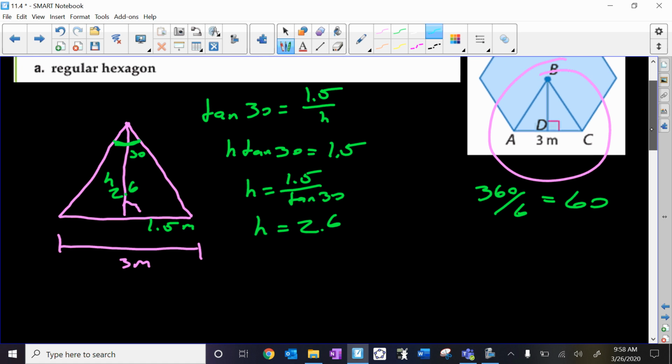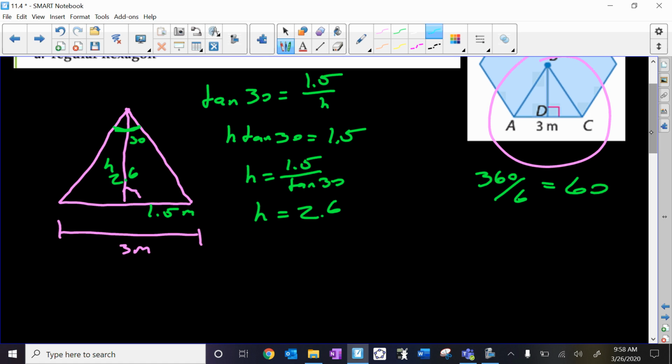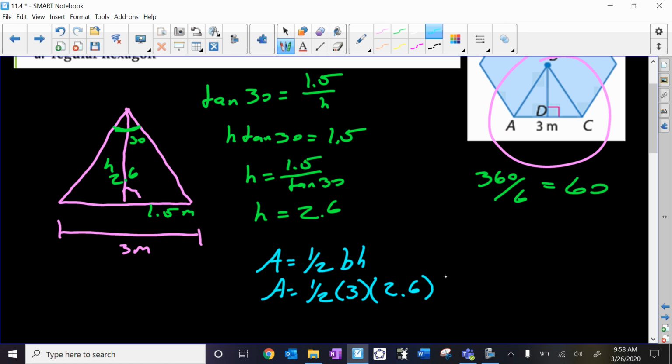So I'm going to scroll down, give myself a little bit more space. The area of my triangle, remember to find that, is 1/2 base times height. Our base of our entire triangle is 3, and I really would use 3 because then we won't have to multiply by near as many triangles. So times 3 times our height, which we just found was 2.6. And I'm also going to multiply by the number of triangles.